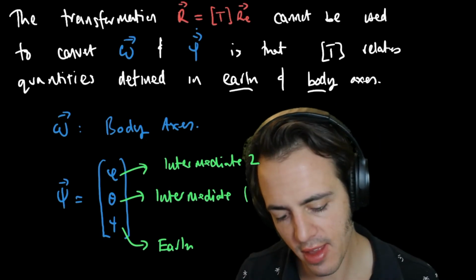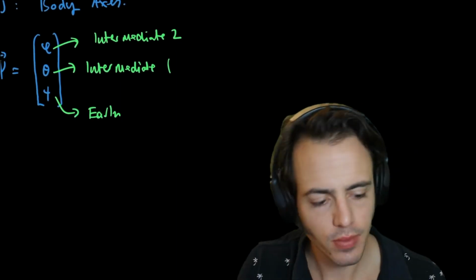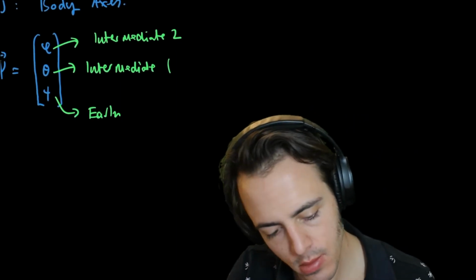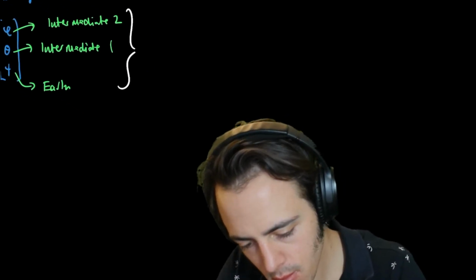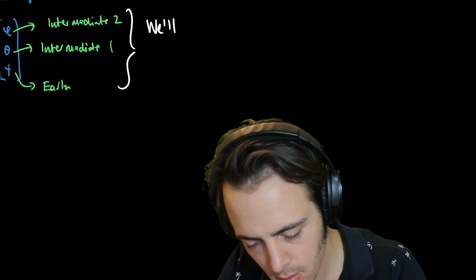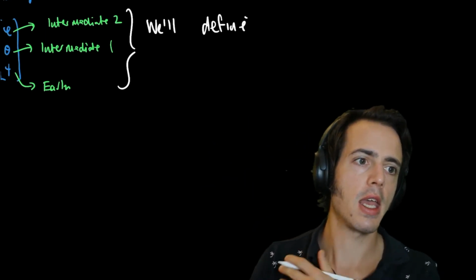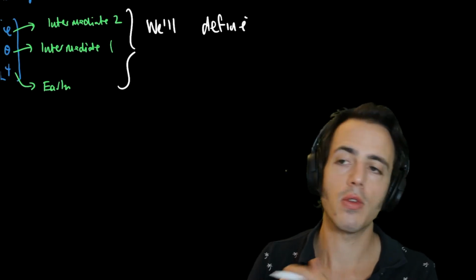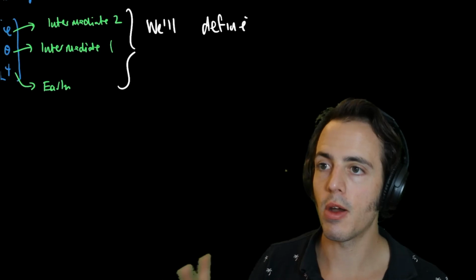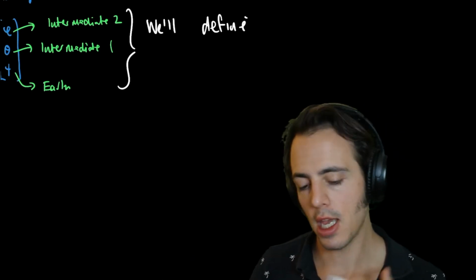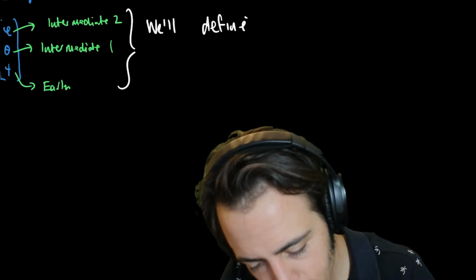So we're going to do it separately for each of them, and then we'll just add up the three parts. We're going to define an increment to the body experience rate due to each one of the Euler rates, and then we're going to add them together.